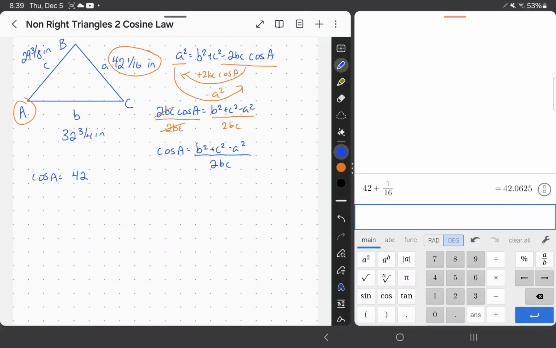So that's 42.0625. That's going to get squared plus C squared, which is 32 3/4. That's 32.75 as a decimal. Then minus A squared, which is the 42 and, whoops, I put that in the wrong order. This was third.